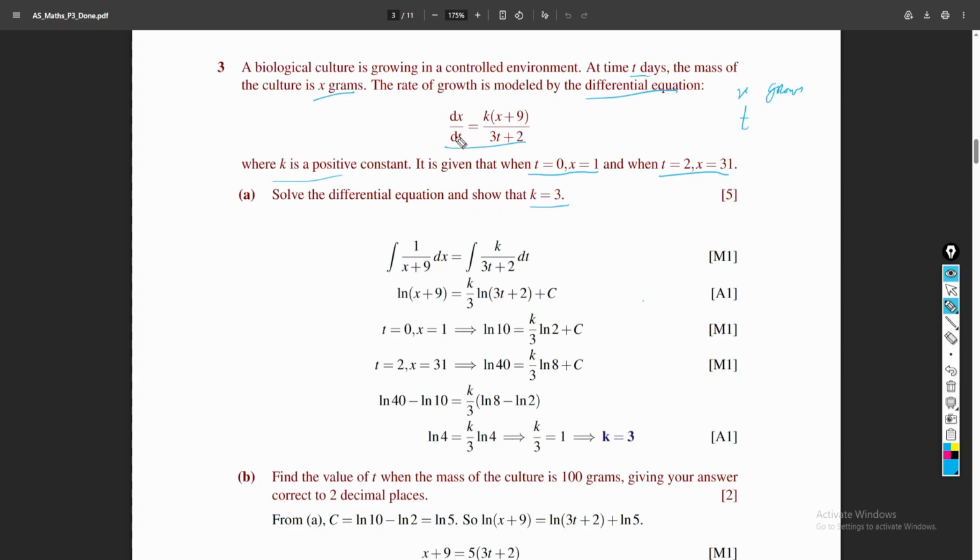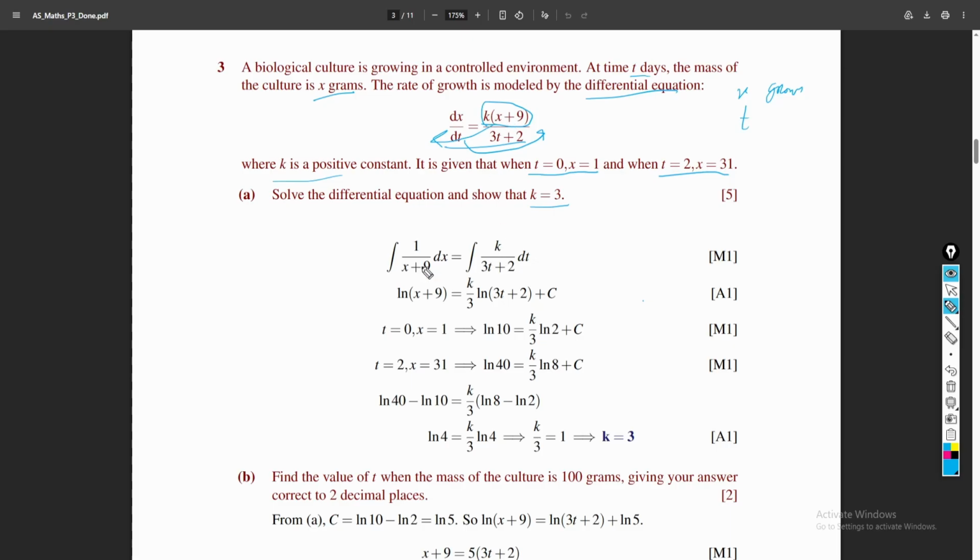So very straightforward. Over here we have dx by dt. We simply solve this the normal way. We get the x variables together and the t variables together. So we get the t's into one side. If I show it here, dt we can simply take here, and this part, since it's related to x, we take the entire thing here, or we can keep the k here also, because k doesn't really matter, k is just a constant.